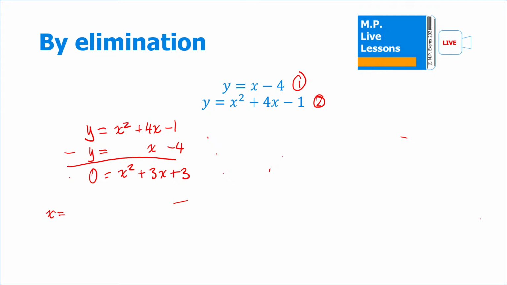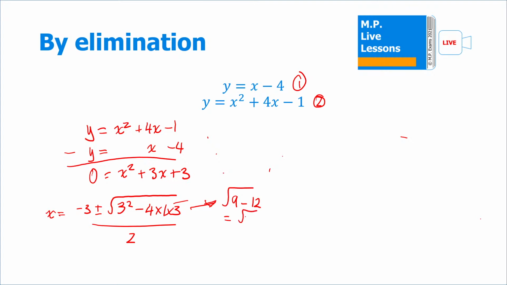The problem is if we do the quadratic formula, we have b squared, which is 3 squared minus 4 times 1 times 3 over 2. Now the problem is this little square root is 9 minus 12, which is the square root of minus 3, which doesn't exist. It's an imaginary number, so this really has no solutions.